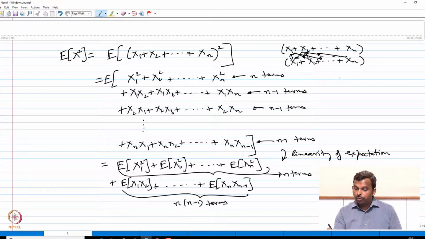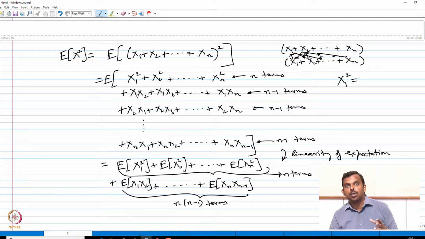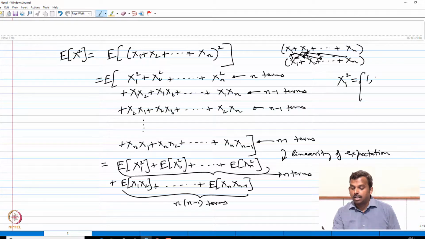So if you look at x1 squared, remember x1 is just an indicator random variable. It takes value 0 with probability something, 1 with probability something. Now if you square it, you will again get the same sort of random variable. So xi squared is going to be 1, since 1 squared is just 1, if the ith trial is success, and 0 else.